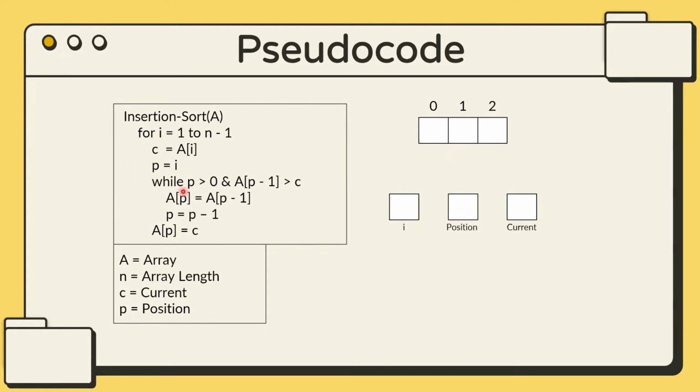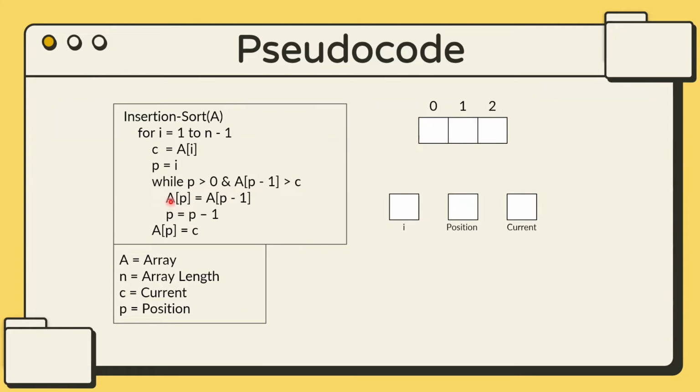If this condition is true, it will continue to the loop. The condition is if the position is greater than 0 and the number of array inside position minus 1 is greater than the c, which is the current number in the array.